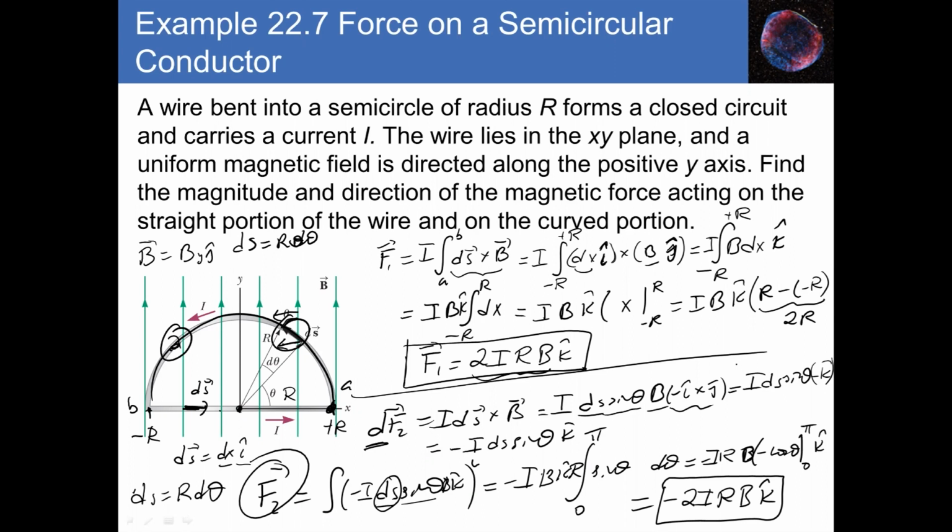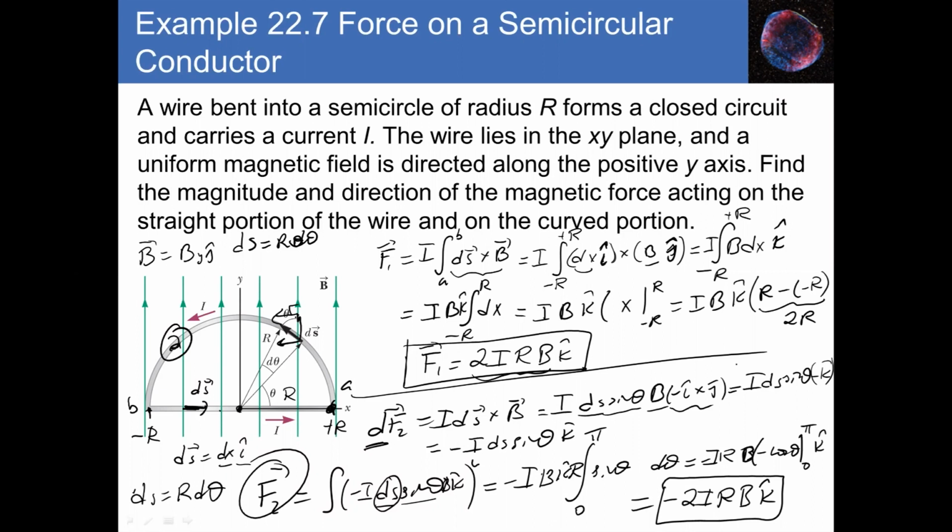Right, so you can see a little bit more complicated derivation because it's a curve and you are dealing with the component. Remember, I could not use the component of the ds parallel to the magnetic field, because the parallel component doesn't feel a force. What I mean here is this: this ds, I break it down into two components. I had to use this component over there because it is perpendicular to the magnetic field.